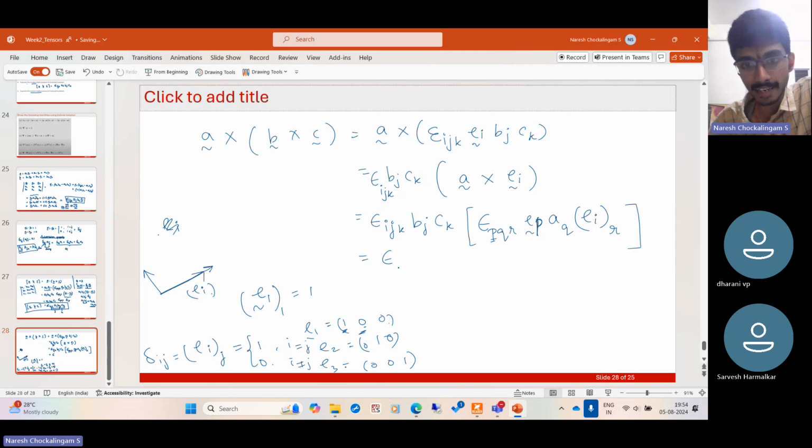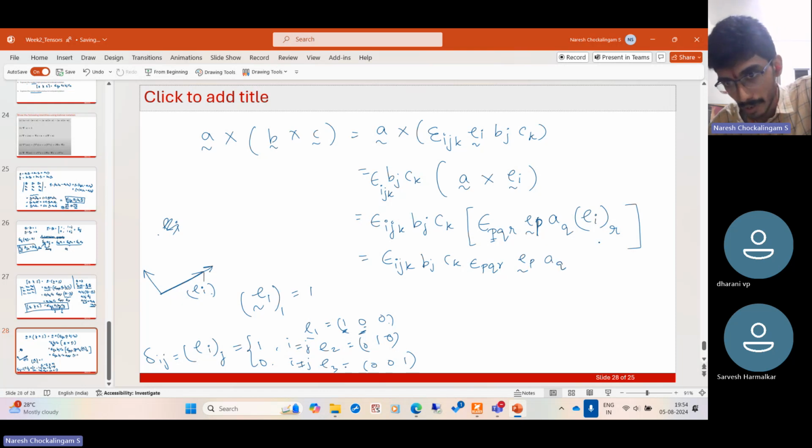So this I can write as epsilon_ijk b_j c_k epsilon_pqr e_p a_q, where e_i r is delta_ir. Now again, this has got the beautiful property of replacement. In place of r, you can replace i.